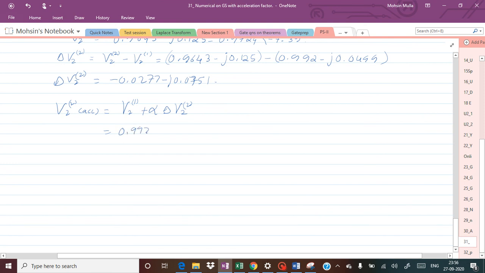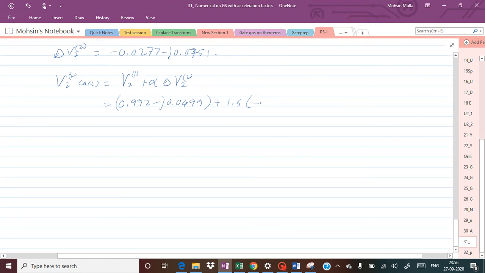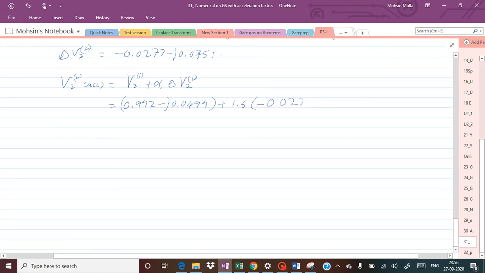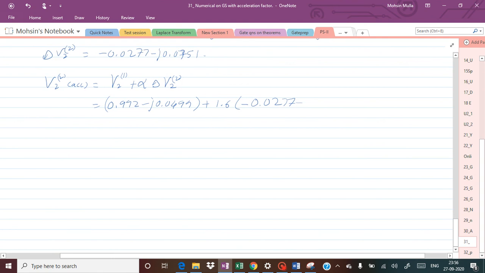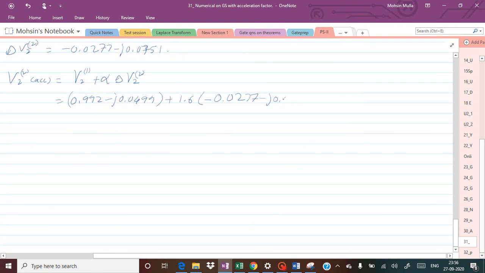V2 of 1 is 0.992 minus j0.0499 plus 1.6, the alpha value, times minus 0.0277 minus j0.0751.